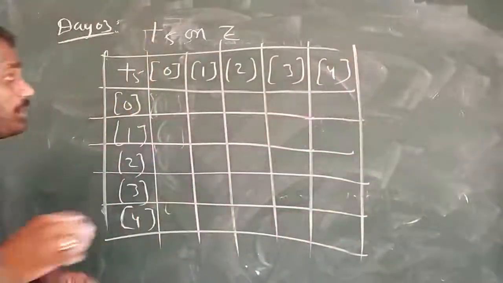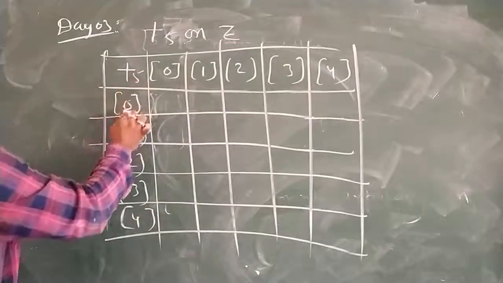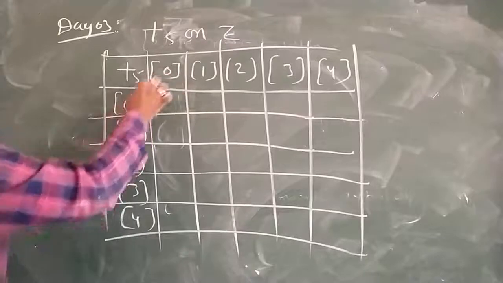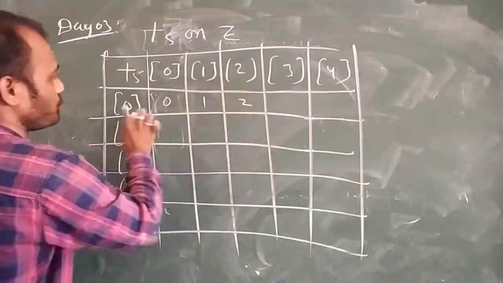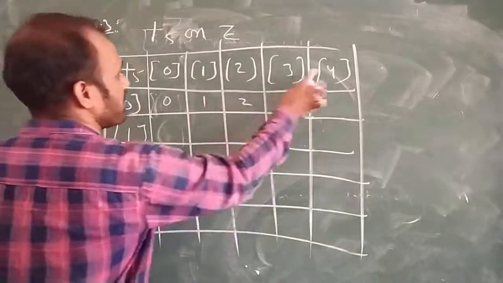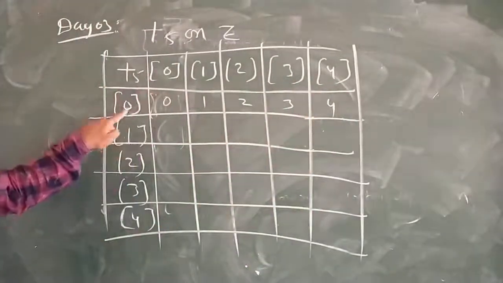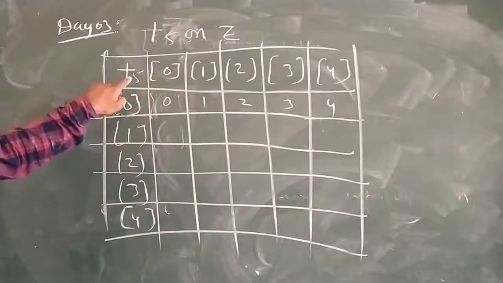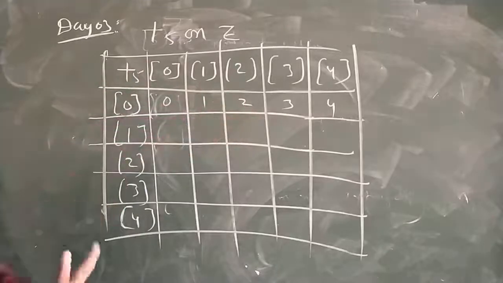Now see how to get this modular arithmetic. Whenever you add these two, 0 plus 0 is 0, 0 plus 1 is 1, 0 plus 2 is 2, 0 plus 3 is 3, 0 plus 4 is 4. You keep on adding the two numbers as per the rows and columns. If you get 5, then you put the answer as 0.